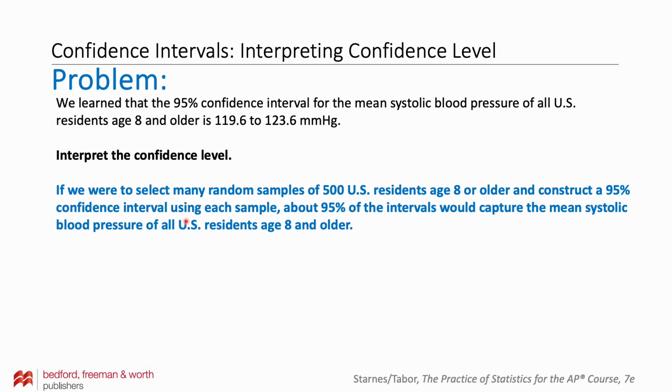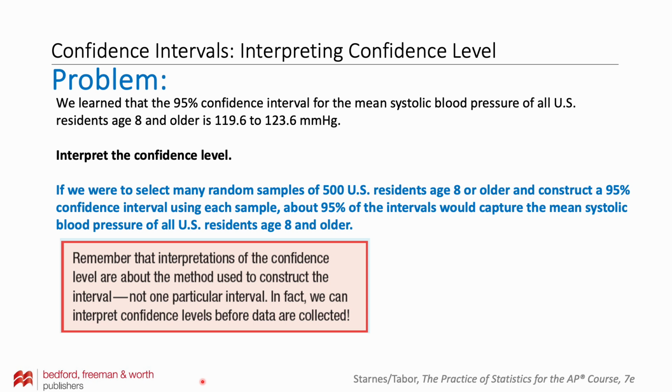So notice we talked about collecting our sample and doing it many times, and we're constructing different intervals. And then we're stating 95% of those intervals that we've created would capture the mean systolic blood pressure of all U.S. residents, which is our population there.